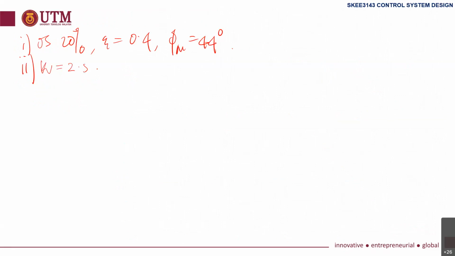Therefore, the error is 1 over Kv. 1 over 2.5 is 0.4.